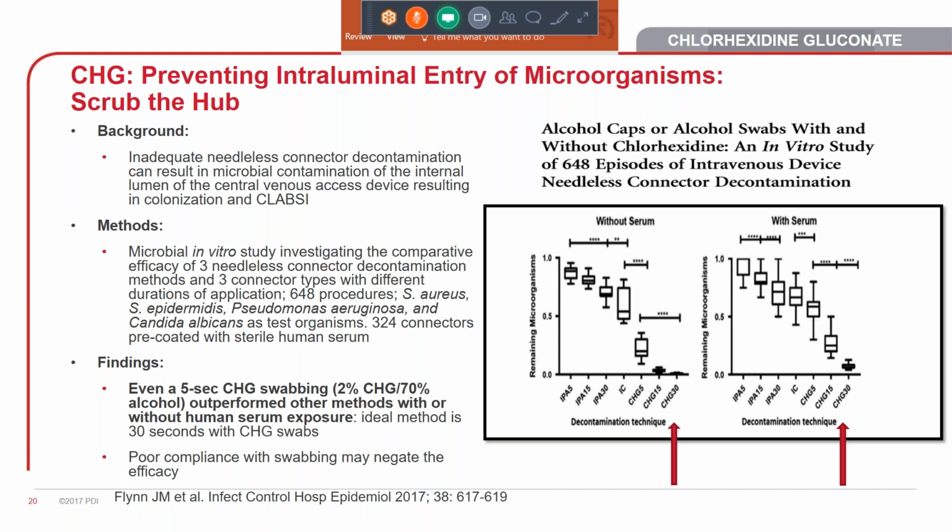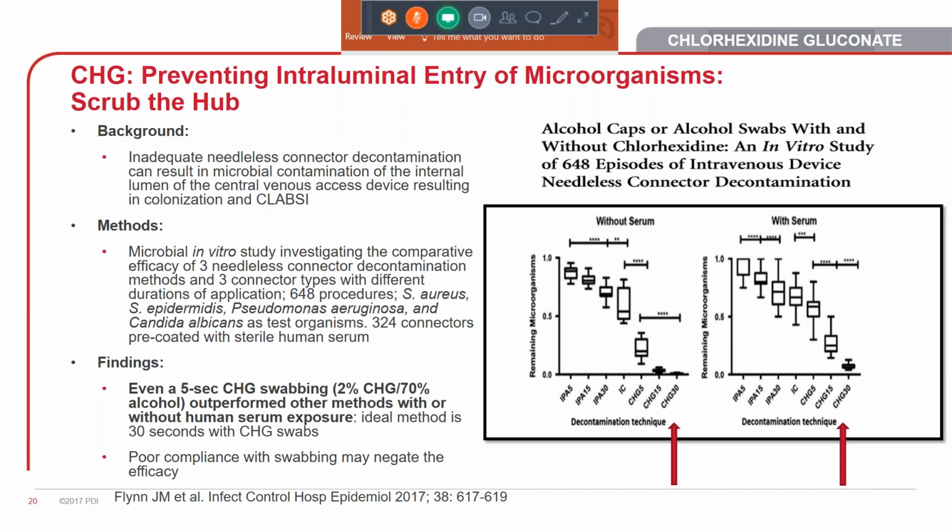They did find in this paper, and you can see that there is a table here that shows you on the left the without serum connectors. You see along the x-axis the different products. So IPA5 means that alcohol swab was for 5 seconds, then 15, 30 seconds.